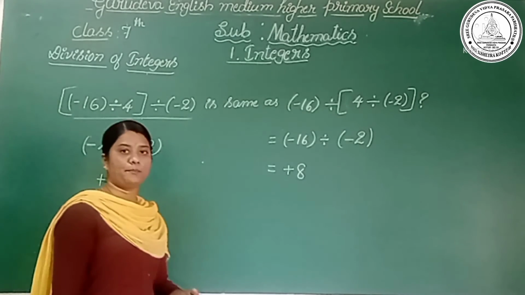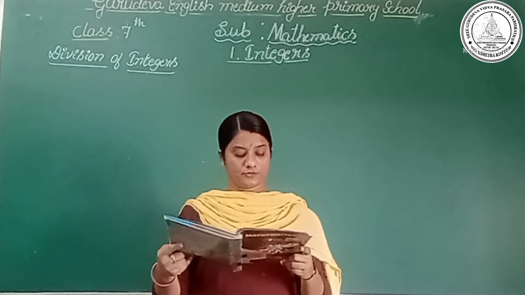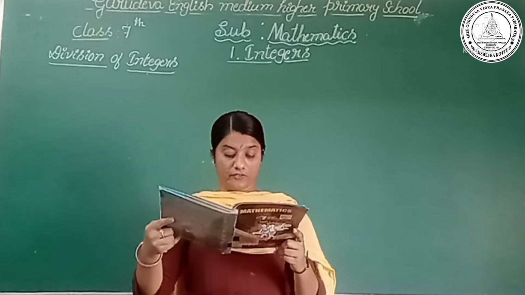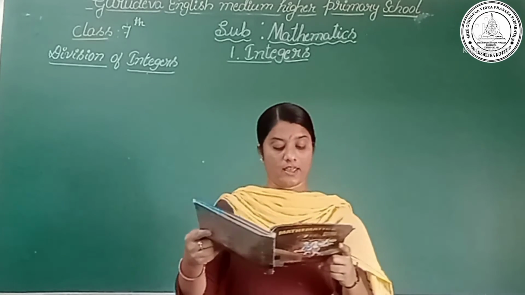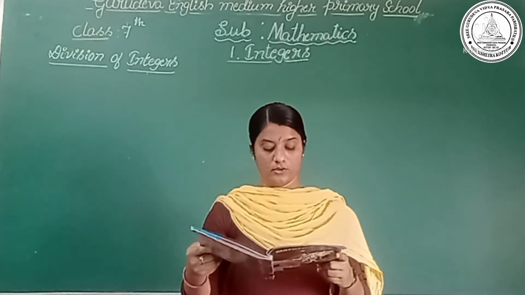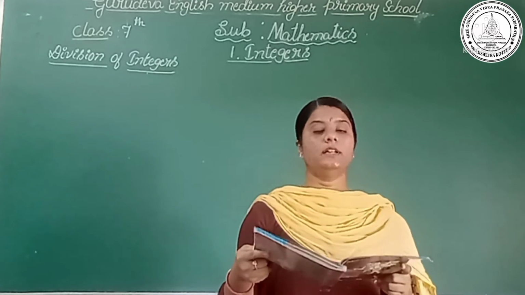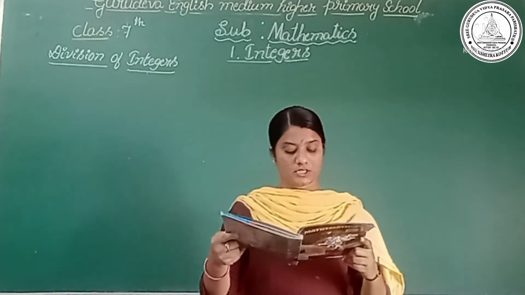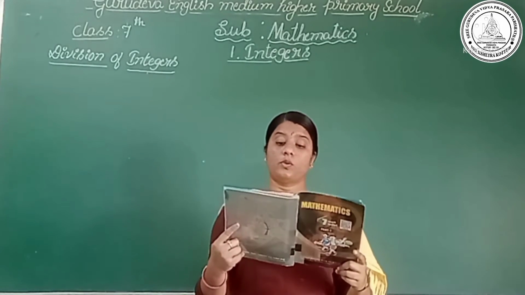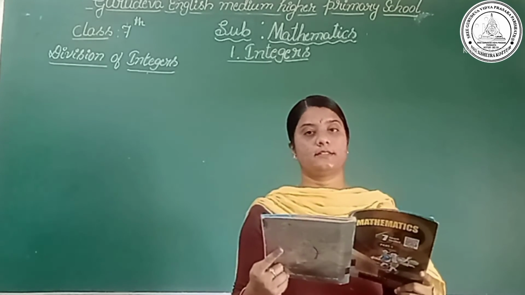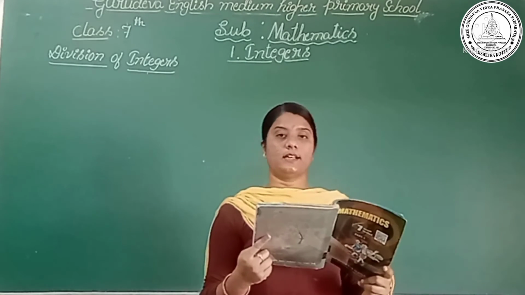Let's see an example. Here there is an example. In a test, plus 5 marks are given for every correct answer and minus 2 marks for every incorrect answer. Radhika answered all the questions and scored 30 marks, though she got 10 correct answers, and Jai also answered all the questions and scored minus 12 marks, though he got 4 correct answers.